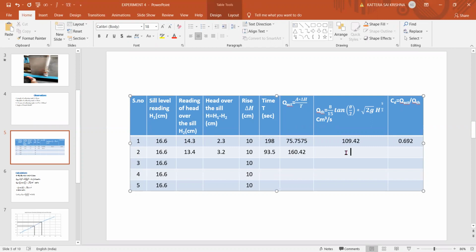Sir, I'm getting a wrong value. 79.00, sir. It's for the second reading. You are calculating the Q theoretical value only, right? 79.00. How do you know it is wrong?